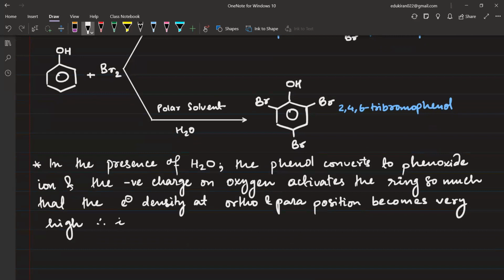Therefore, it forms tri-substituted product. So when you have a pure negative charge, obviously it will be a highly electron donating group. And when you have a highly electron donating group, that is going to give the electron density towards what? Ortho and para position.